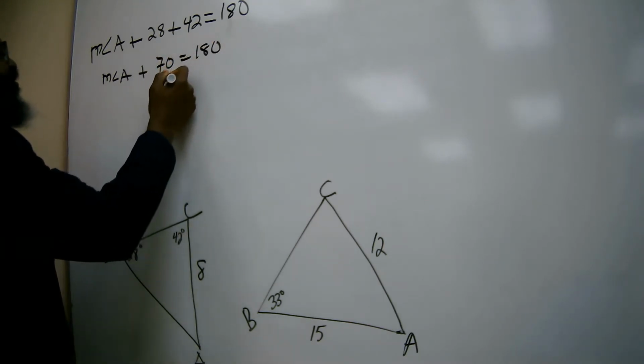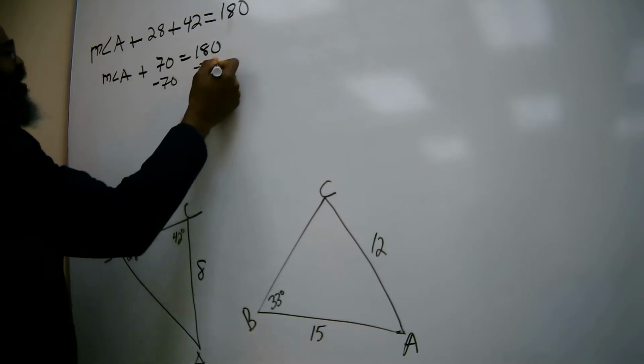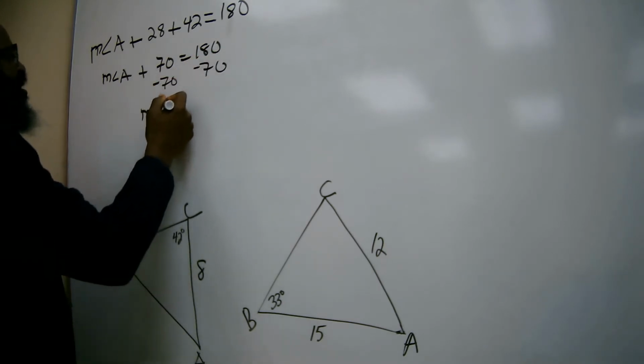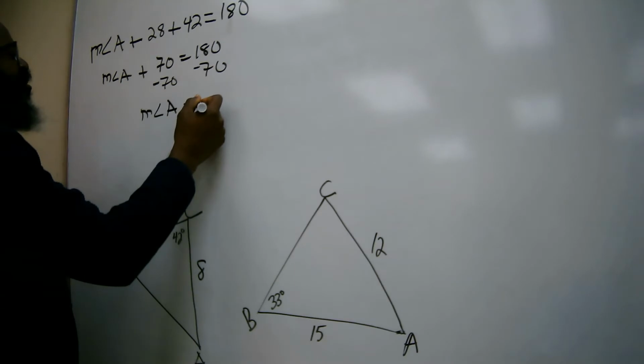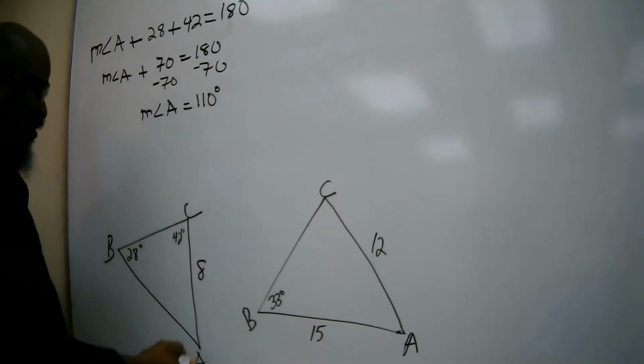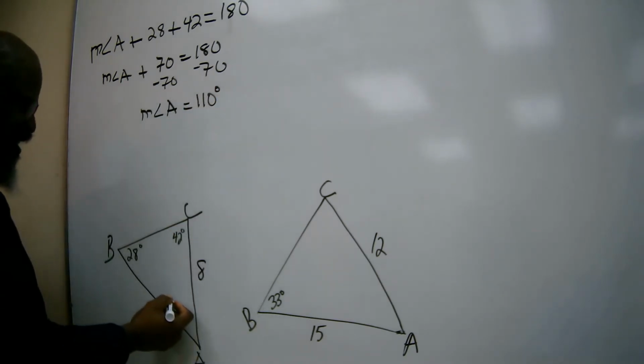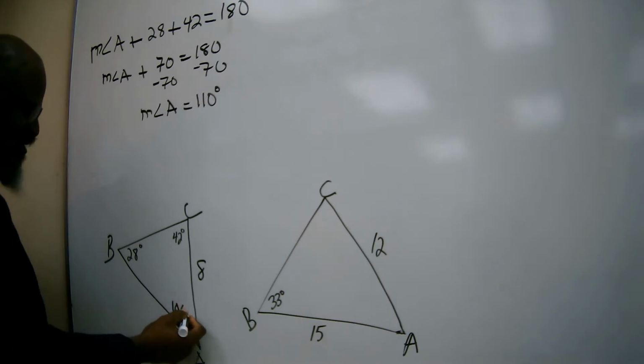Then you subtract 70 from each side, and you find the measure of angle A is 110 degrees. Remember, your pictures are not drawn to scale. That's the first thing you need to know.